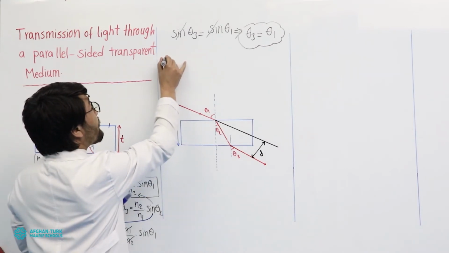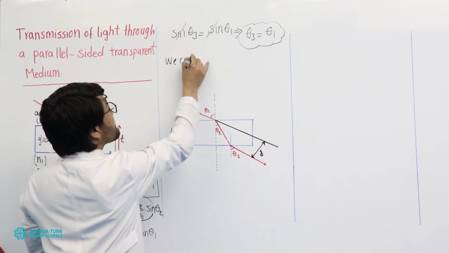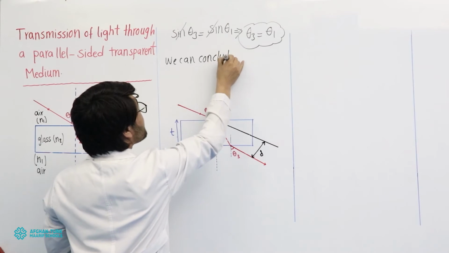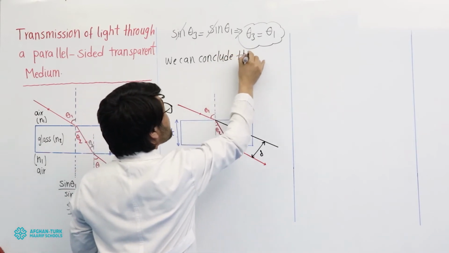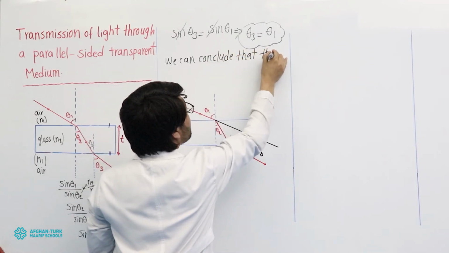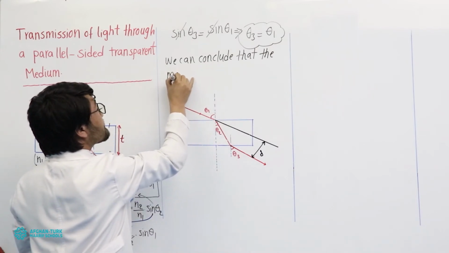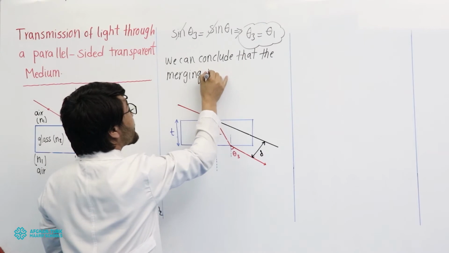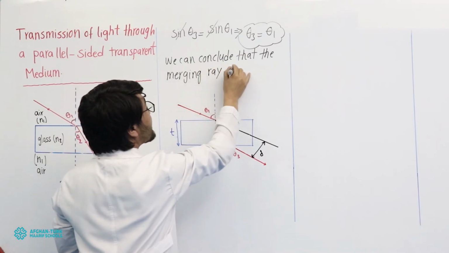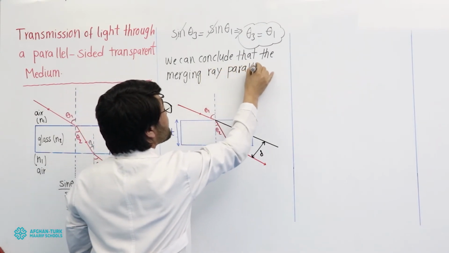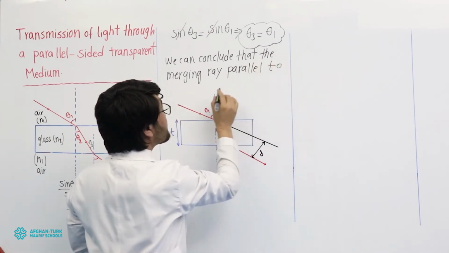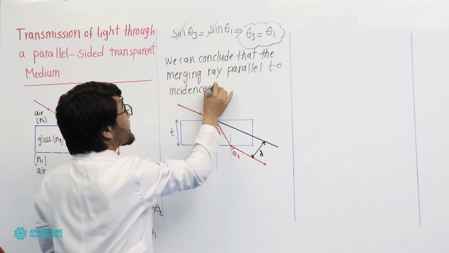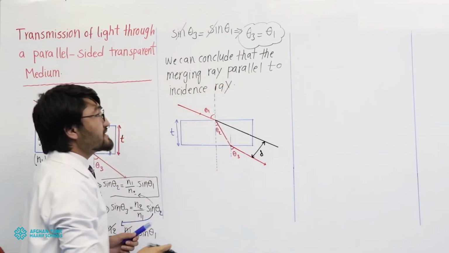So we can conclude that the emerging ray is parallel to the incident ray. You see the figure?